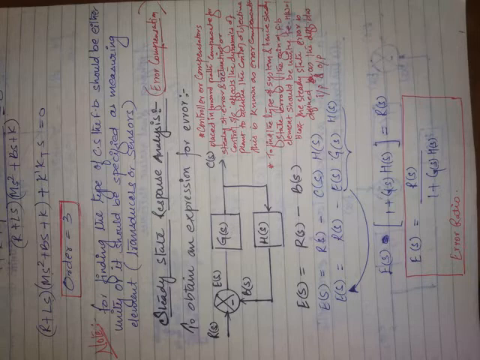Second point: the controller is an automatic device with error signal E of S as input, controller output P of S, affecting the dynamics of the plant to achieve the control objective. Controller output P is equal to F of E. And what is E?